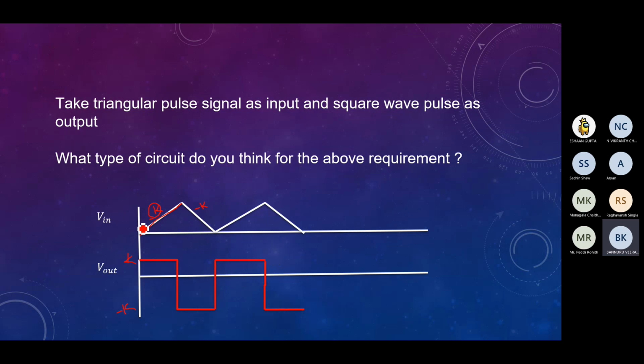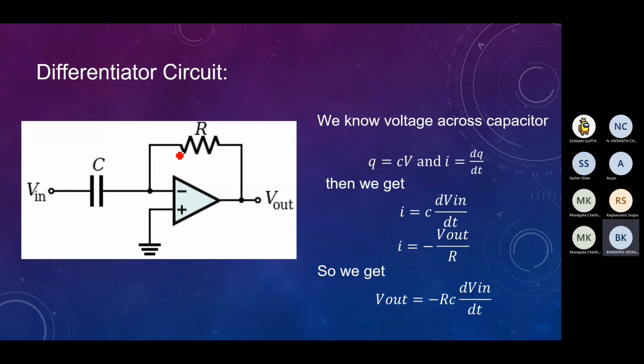The slope is nothing but the differentiation of the curve, so it is nothing but the differentiator circuit. For example, if we take a V in like this, the output will become dV by dt. Then we will get this required circuit. The differentiator circuit will look like this.